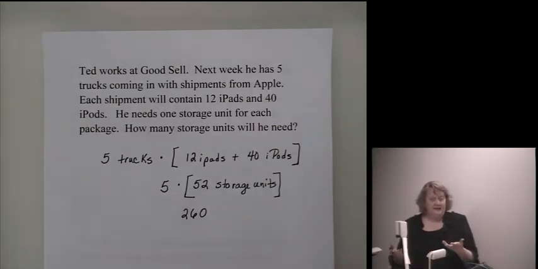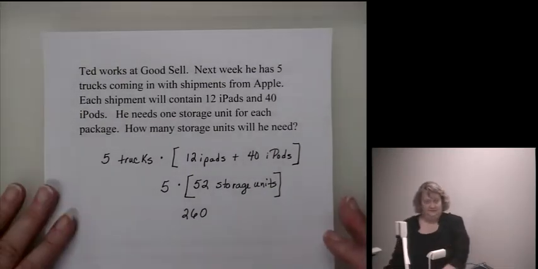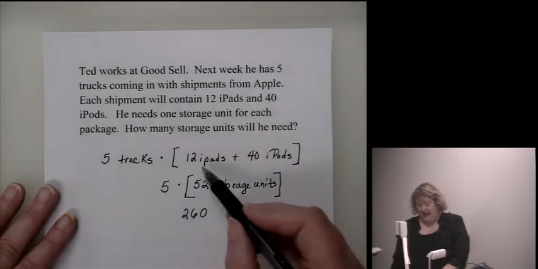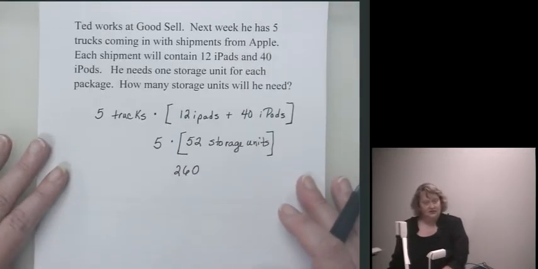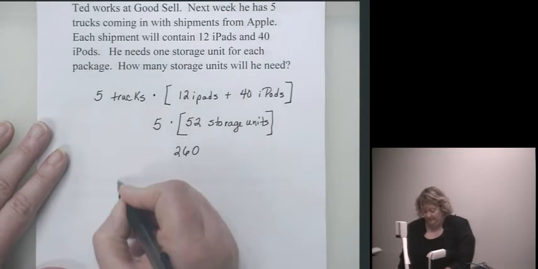The number of items coming in, each item needs 1 storage unit, 52 times the 5 trucks is 260. Now that is using order of operations. I added the items and then multiplied out. There is another way that I could do this using the distributive property.